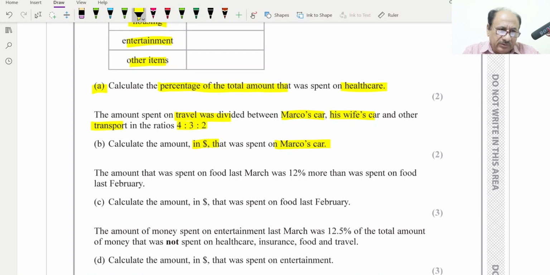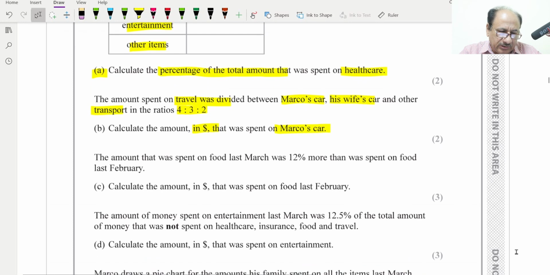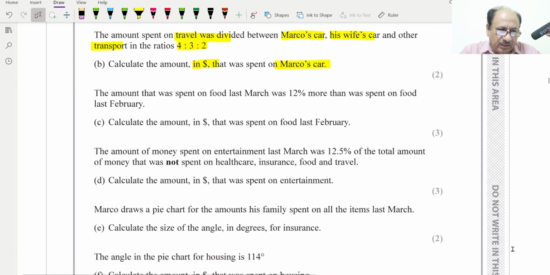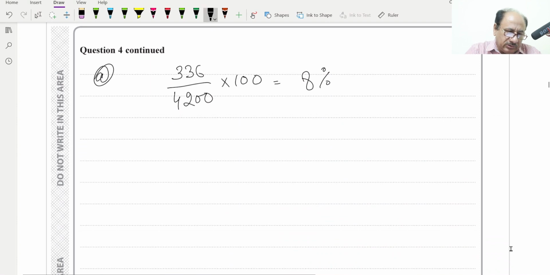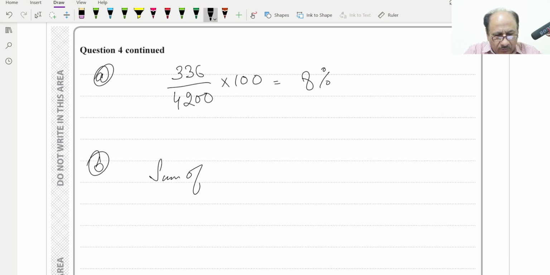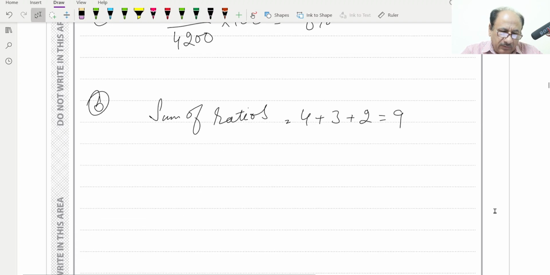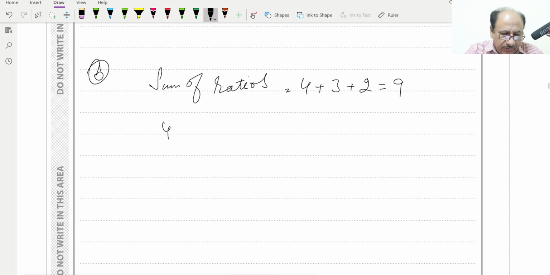So 4 is the share out of the sum of ratios, 4 plus 3 plus 2, which is 9.